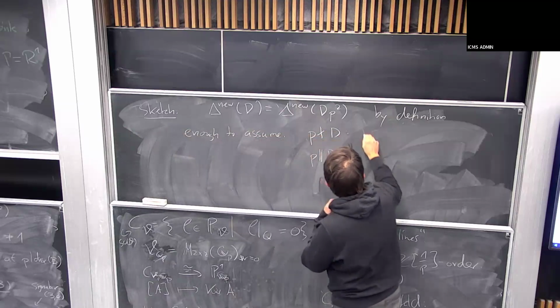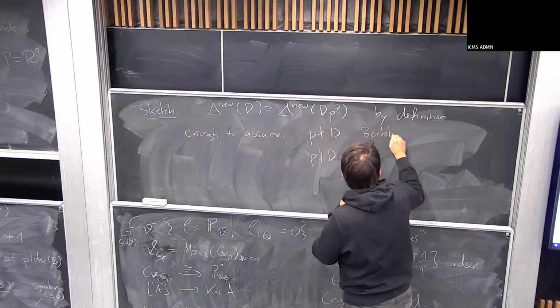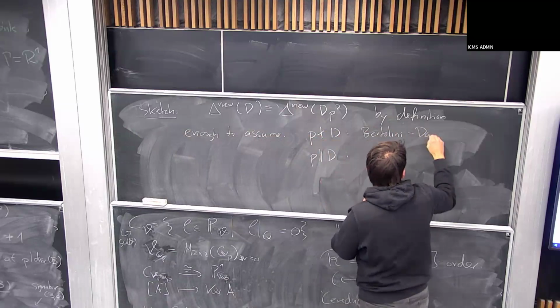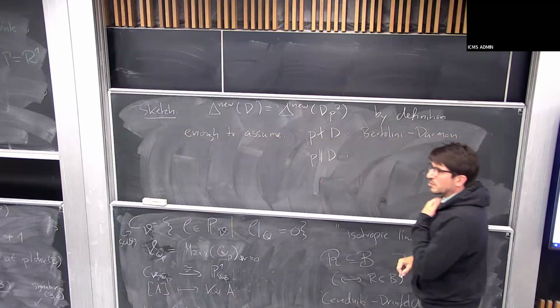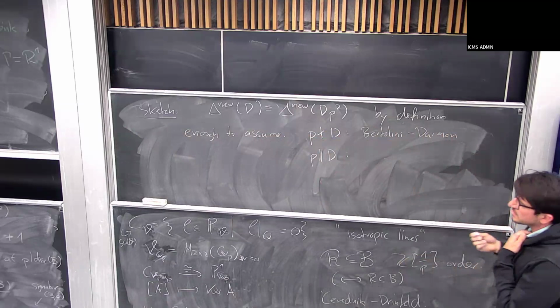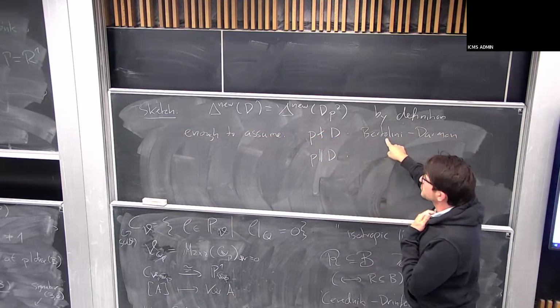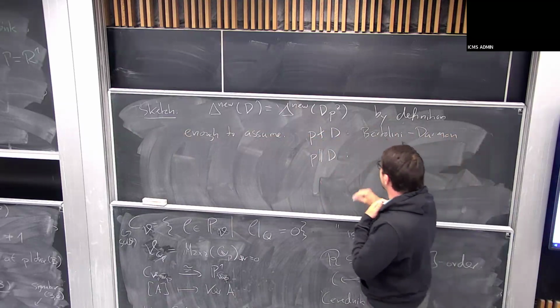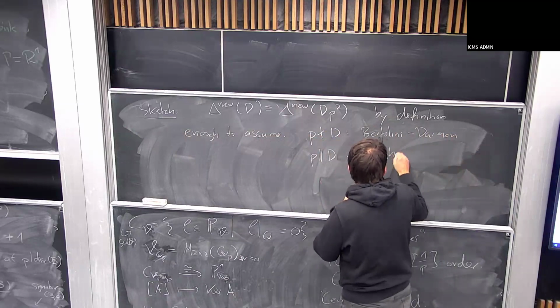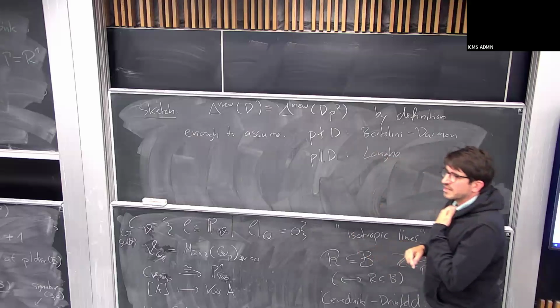And then you can look in one of the first papers of Bertolini and Darmon, where they consider this type of p-adic Gross-Zagier formulas and see that they actually prove this equality there, and Longo has done this in the ramified case.